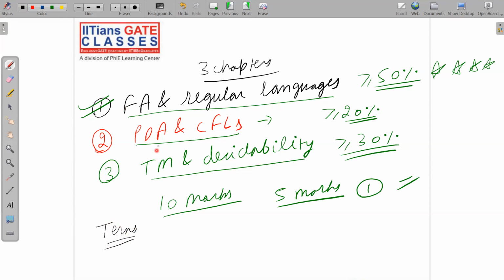After studying these terms, when we are comfortable, we will jump to our first chapter, that is finite automata and regular languages, and I will properly discuss the syllabus of this chapter, and we will jump to the respective topics.